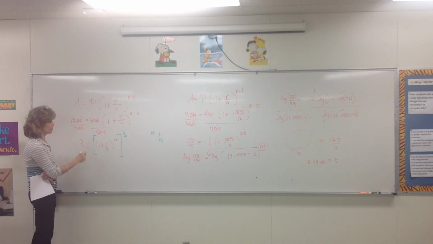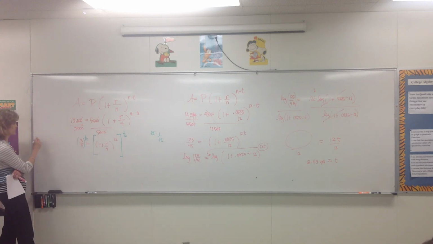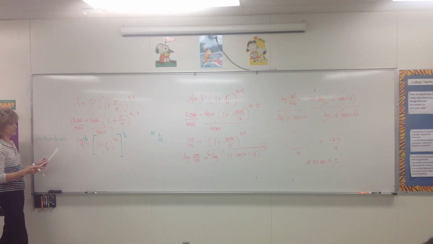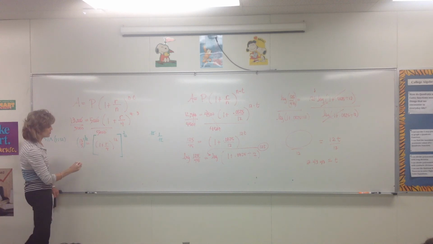So if you raise the right side to the 1/12th power, you gotta do the left side to the 1/12th power. So type this into your calculator. Parentheses, 13 divided by 5, raised to the power of 1/12. Tell me what you get. 1.082288. Okay, just keep that number on your screen.